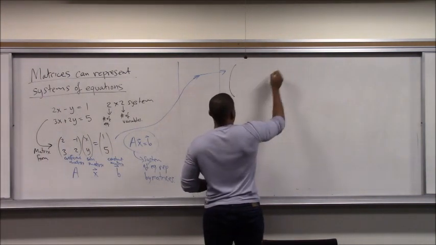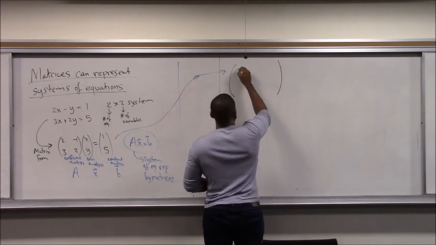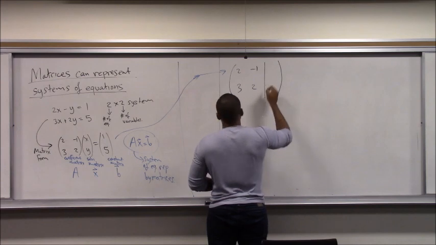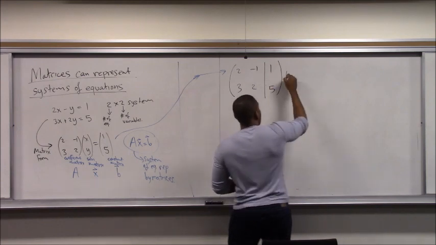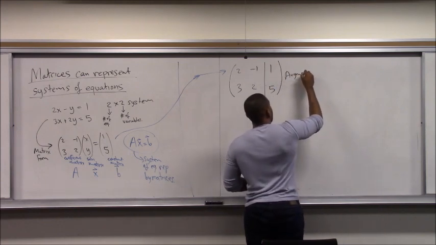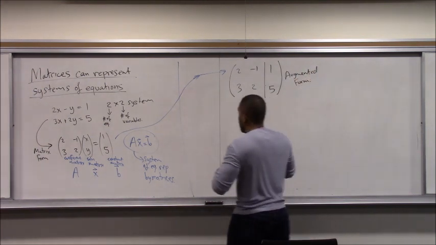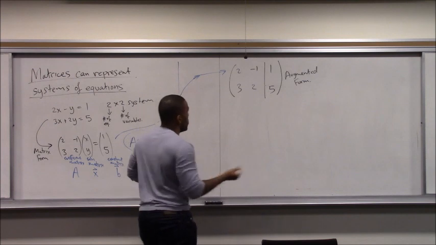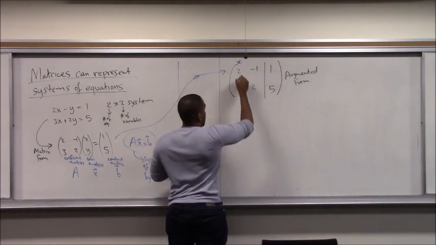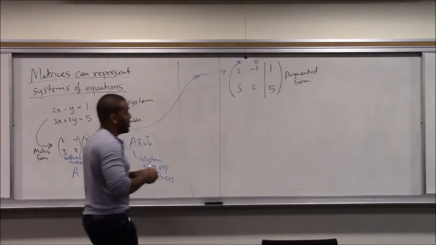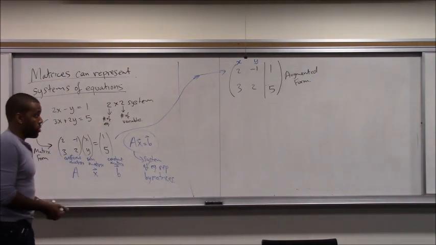So we can write that in one big matrix, 2, minus 1, 3, 2. We put a line here and put 1, 5. This is called the augmented form. And it's not written, but it's known that the first variable is represented by the first column, the second variable is represented by the second column. Right? So this is called an augmented form.